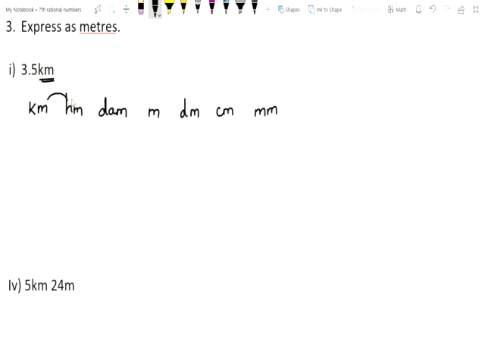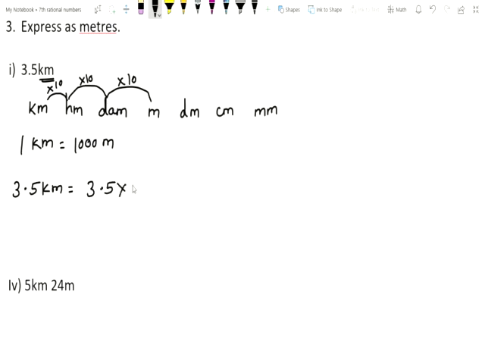So one jump, second jump, third jump, into 10, into 10, into 10. Now 1 kilometer equal to 1000 meter. So 3.5 kilometer equal to 3.5 into 1000 meter.